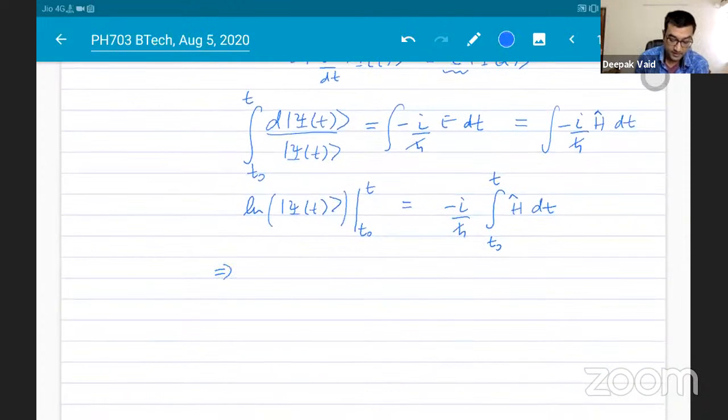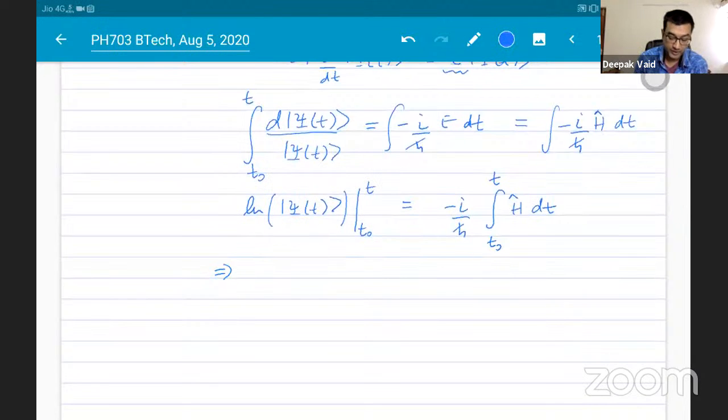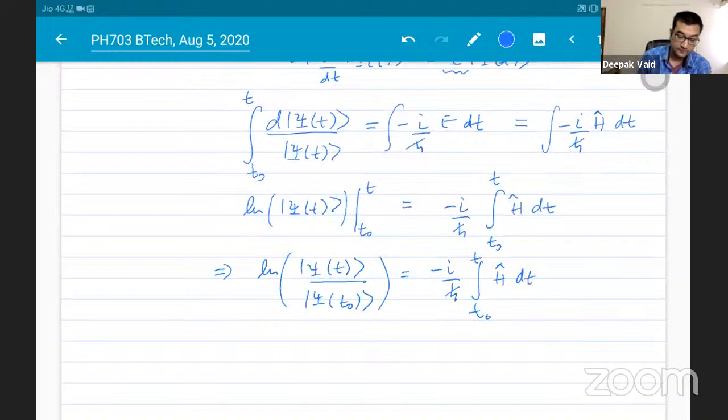And then this log, I can take the exponential of both sides. This expression would become log of psi t divided by psi t naught, right? Minus i over h bar times this integral from t naught to t of h dt.